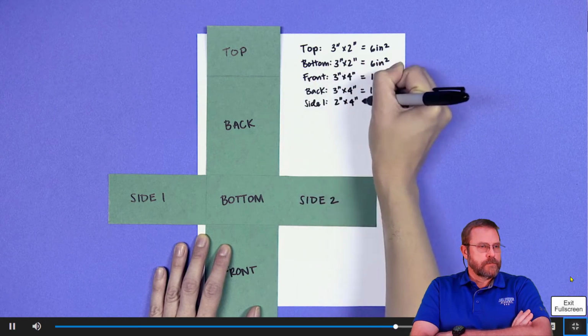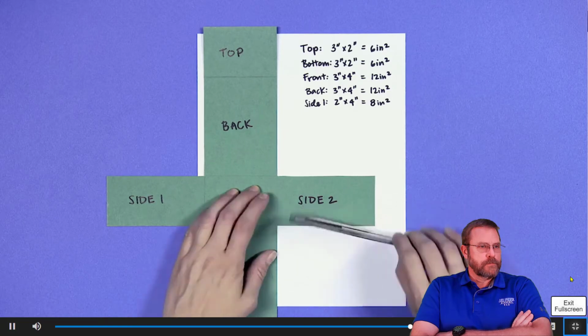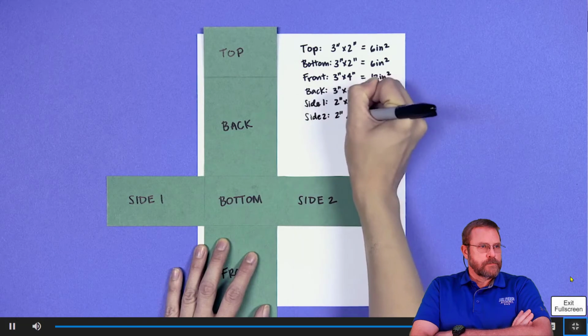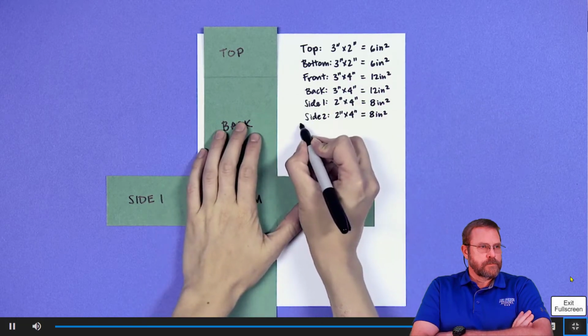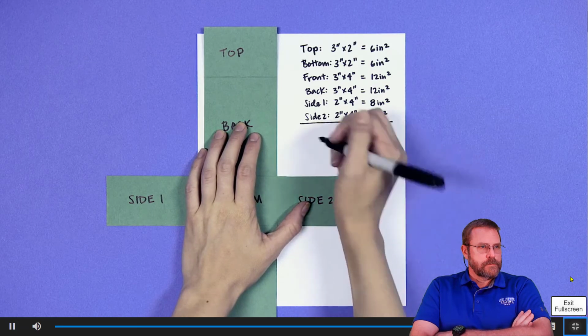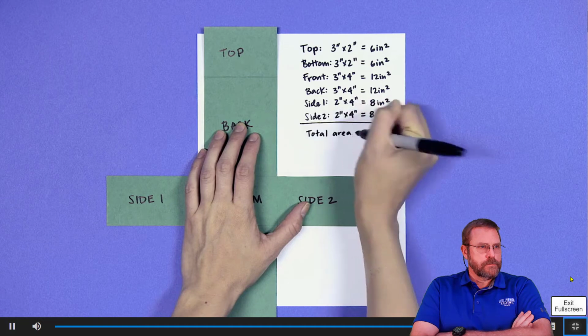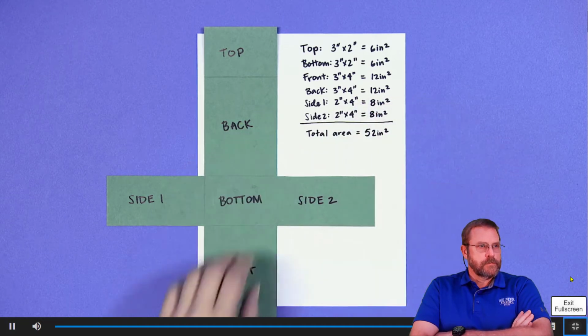The area is 8 square inches. Side 2 will have the same dimensions as side 1. Now that the area has been calculated for each face, calculate the sum of the areas. The surface area of the rectangular prism is 52 square inches.